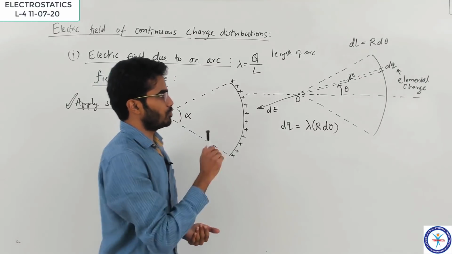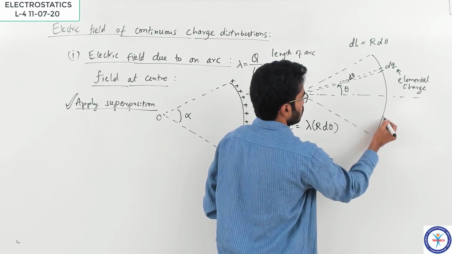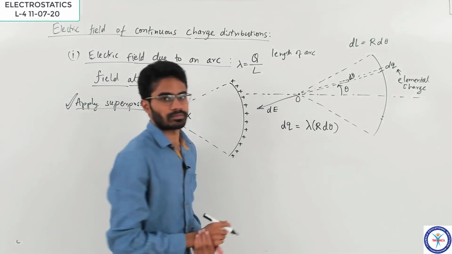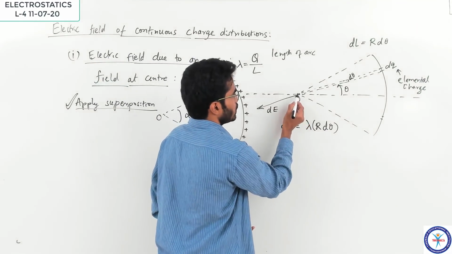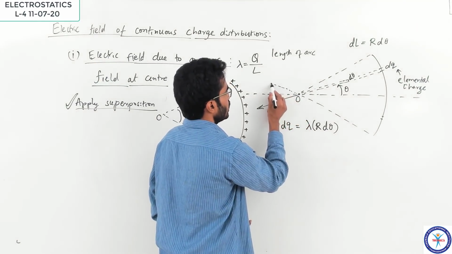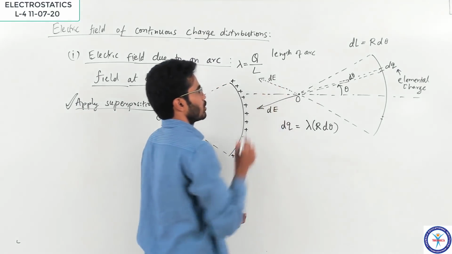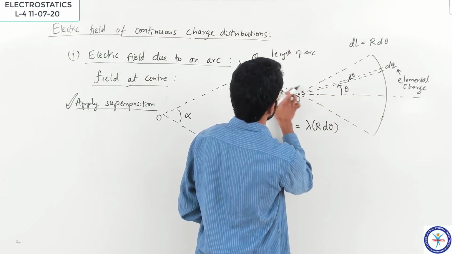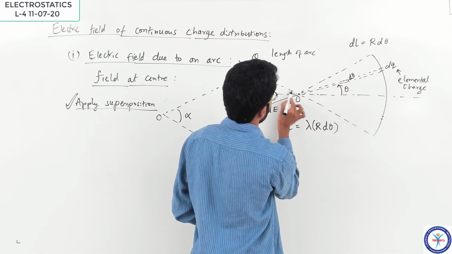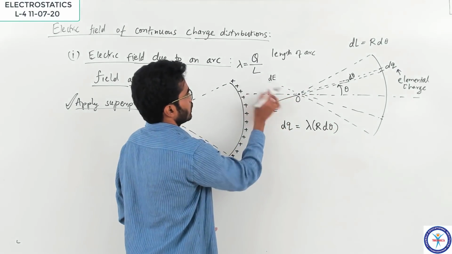Now, if you carefully observe, there is an identical elemental charge on the opposite side, right? For which the field will be of same value dE in this direction, right?